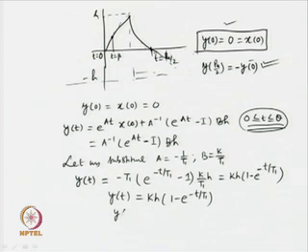So, when t equal to 0, y0 becomes k h 1 minus e to the power 0, which is 1. So, that way y0 becomes 0. So, this expression is correct as far as the positive output of the system under relay control is concerned.